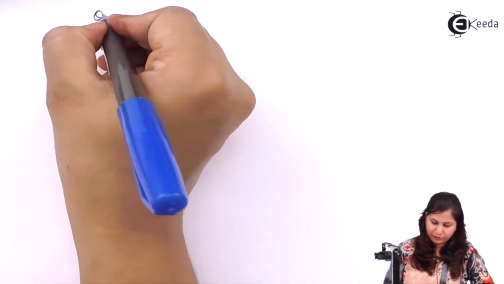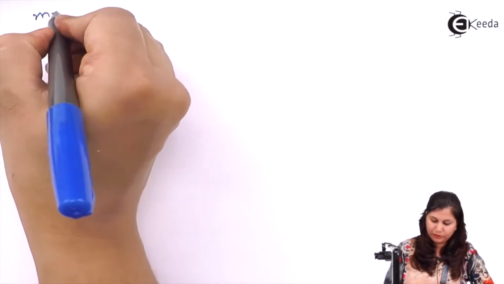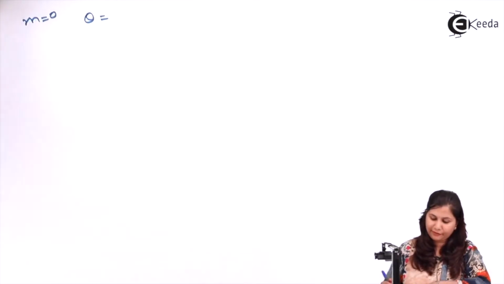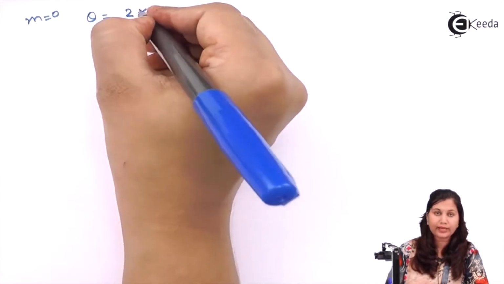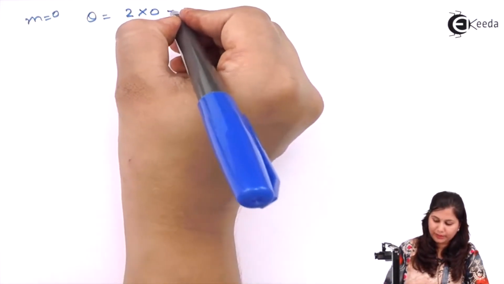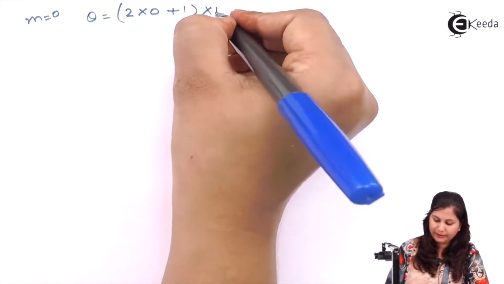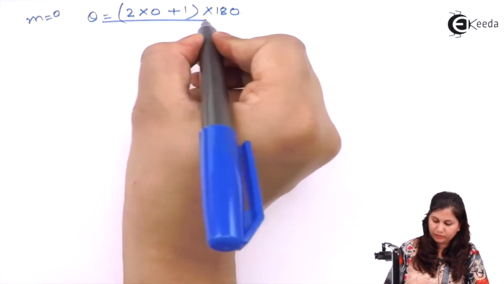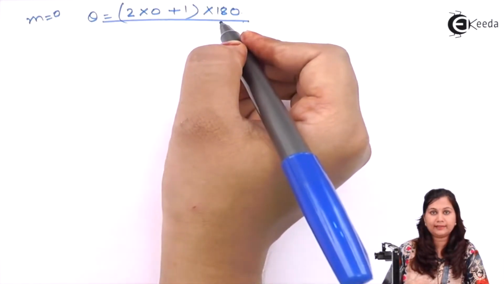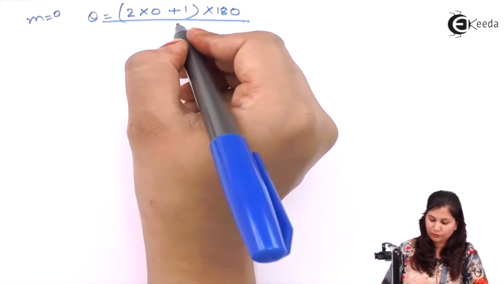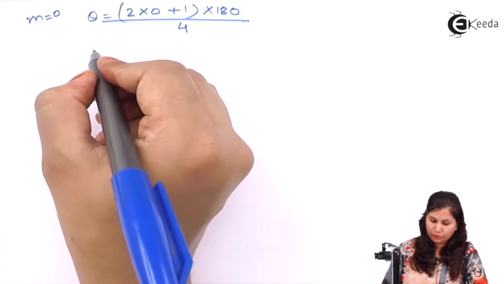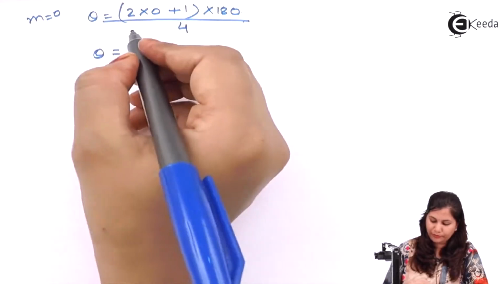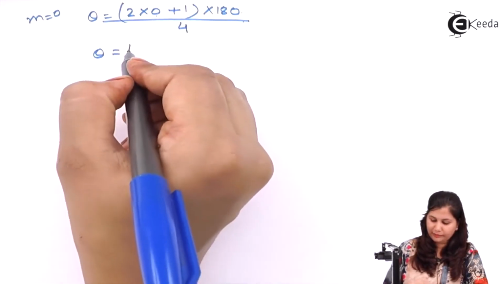So theta will be equals to, first putting m equals to 0. So we will have (2 into 0 plus 1) into 180 upon P minus Z, that is P is 4. So we will have 4 here. So theta will be equals to 180 by 4.